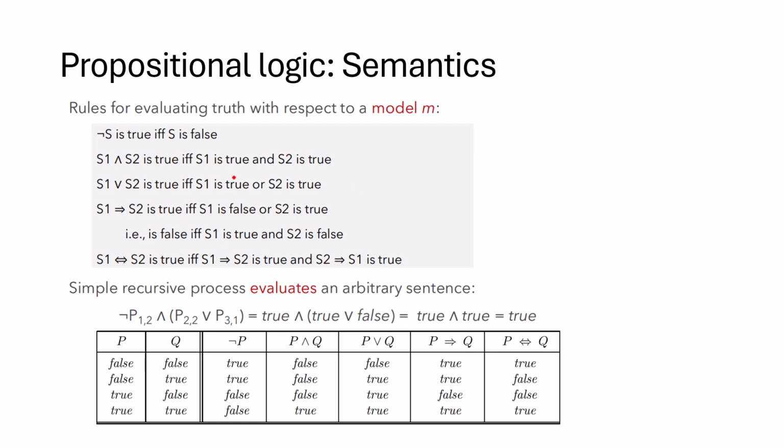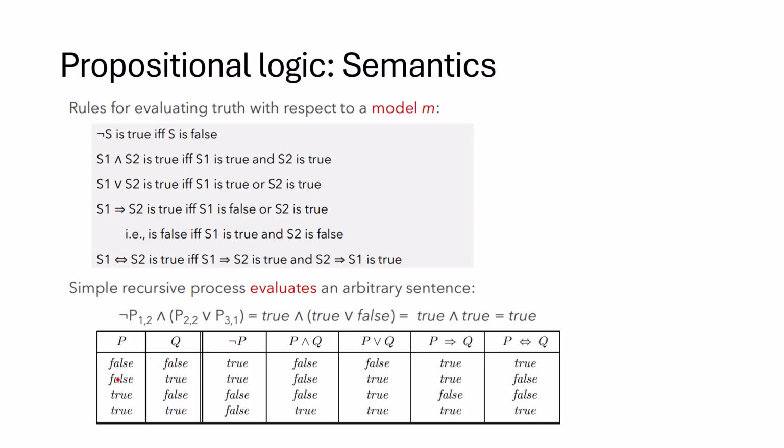Let's go to the next slide, which discusses more about the propositional logic semantics with respect to those operators and gives the truth table. The same: negation, conjunction, disjunction, implies, and biconditional, or if and only if.